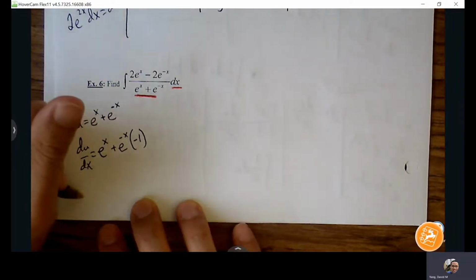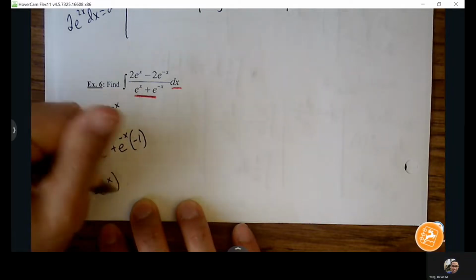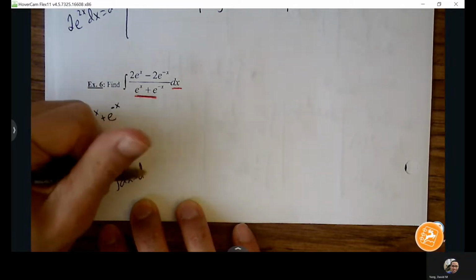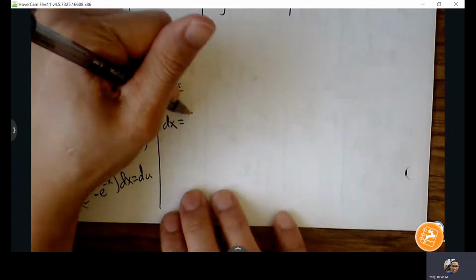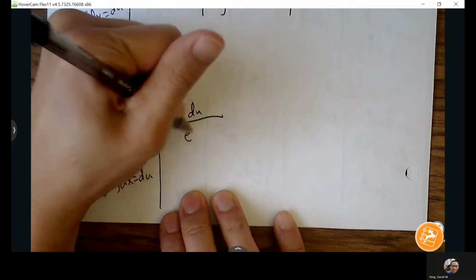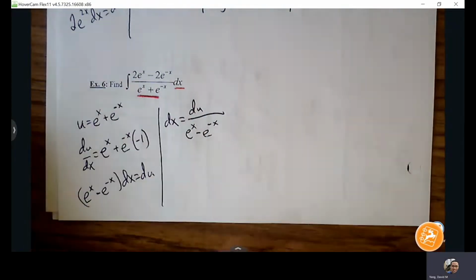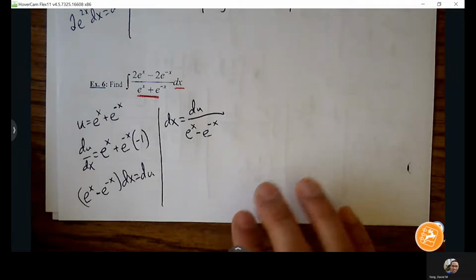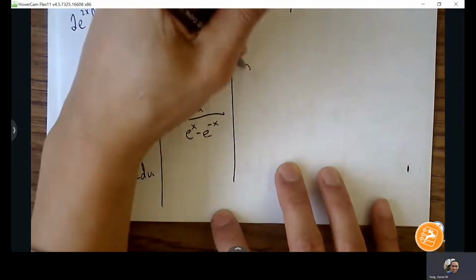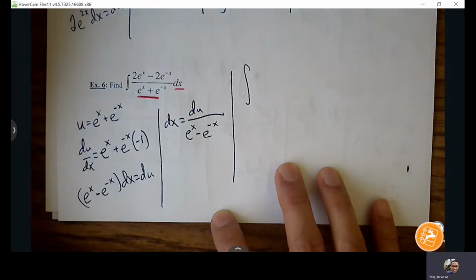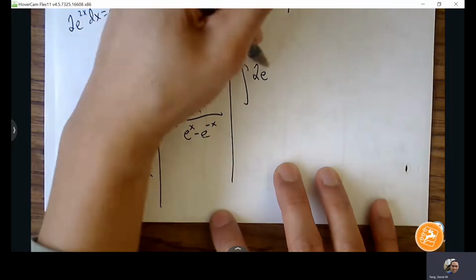Okay, cross multiply. Okay, let's substitute and see what we can do with that numerator mess.